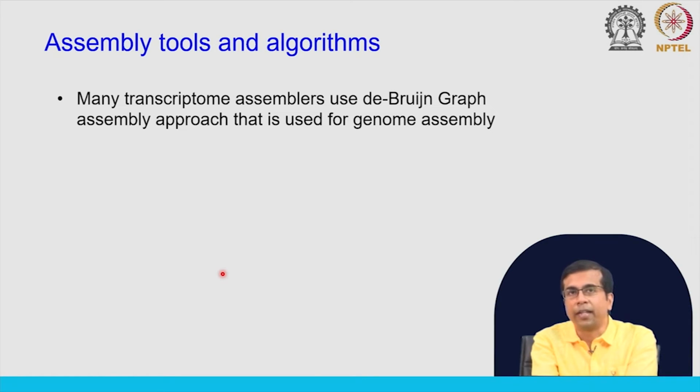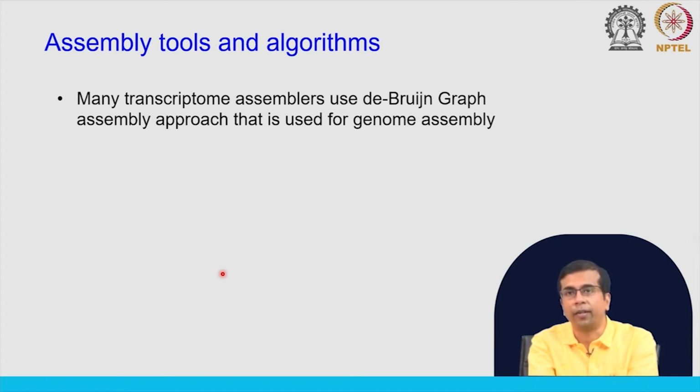Many of these assembly algorithms, or assemblers, which are the tools, use something called the De Bruijn graph assembly approach. This is an approach that is also used for genome assembly. I will not go into the De Bruijn graph approach because we will discuss it when we talk about genome assembly approaches.